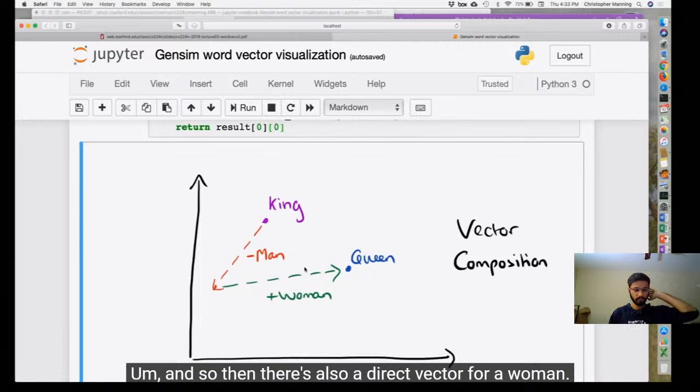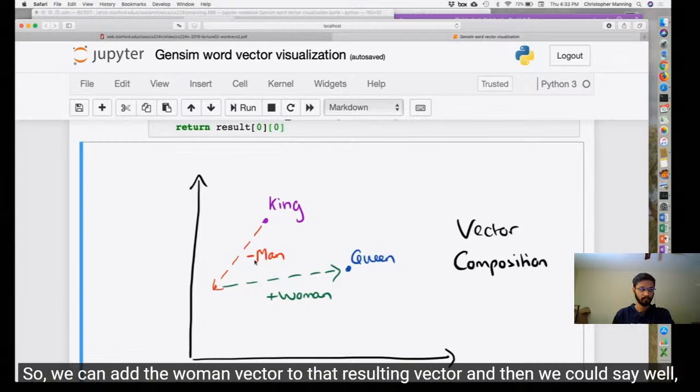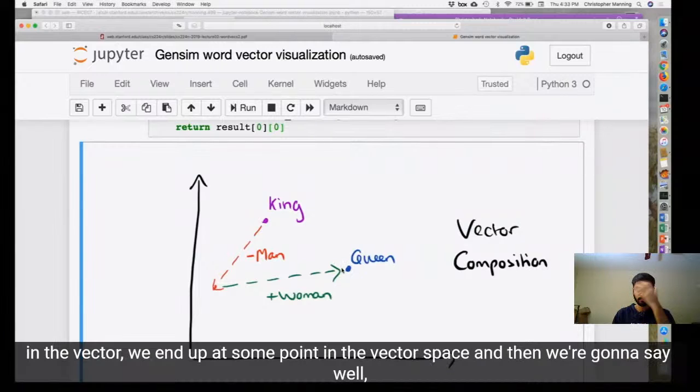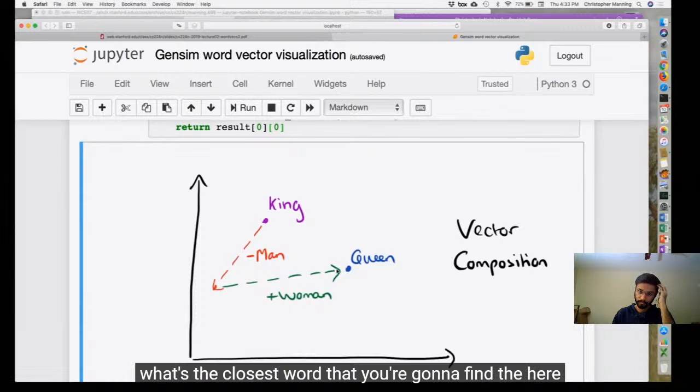Then there's also a vector for woman, so we could add the woman vector to that resulting vector, and we end up at some point in the vector space. Then we ask, what's the closest word that you can find to here?